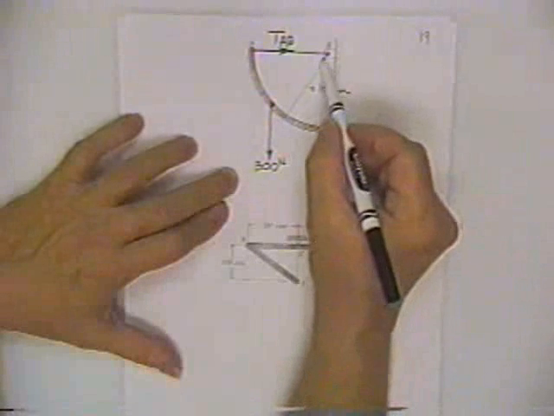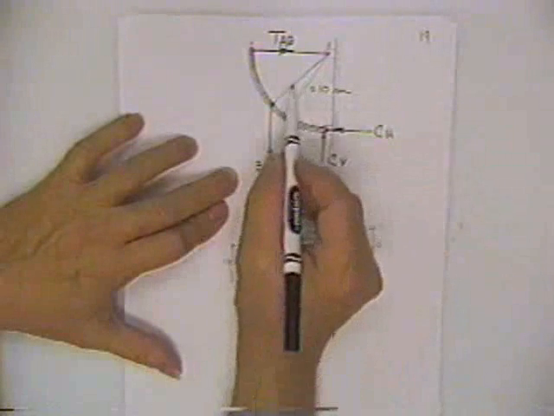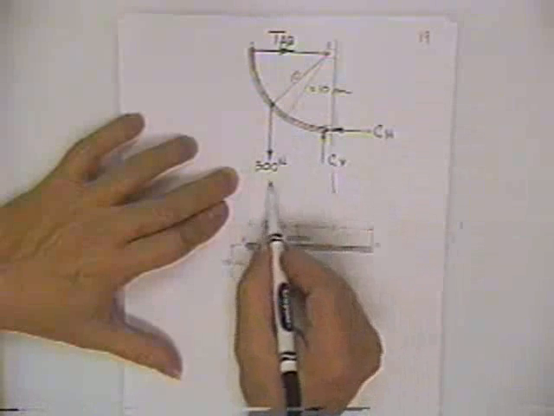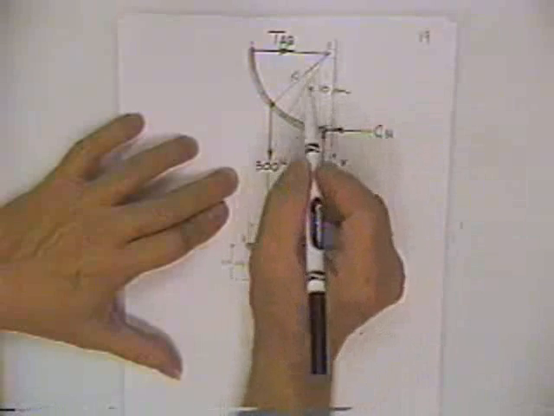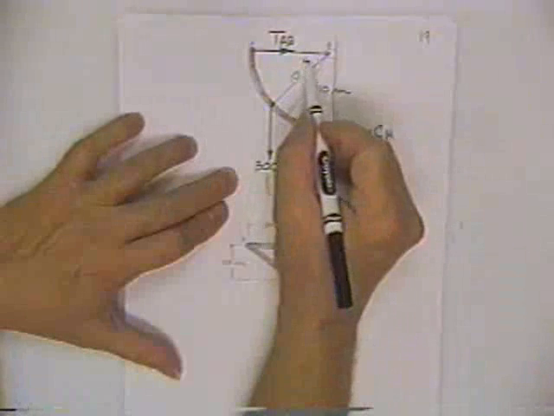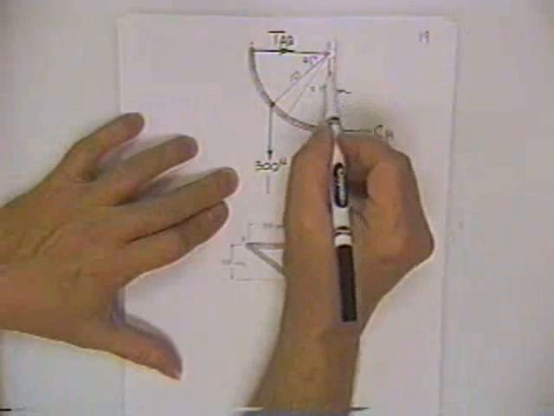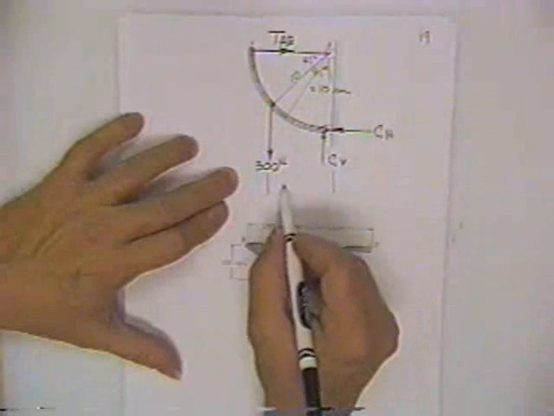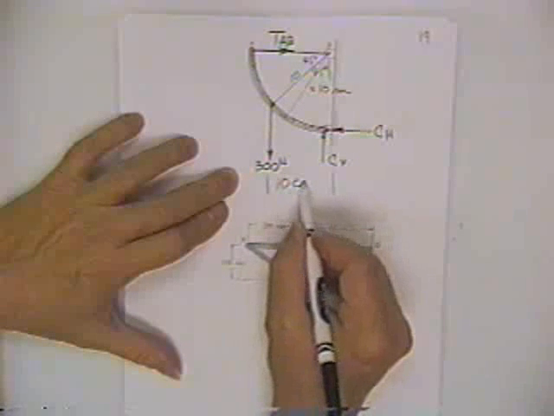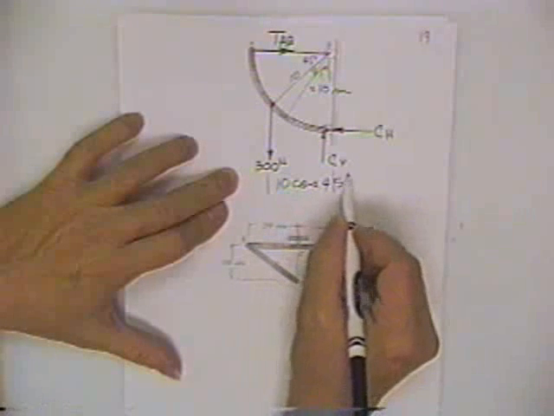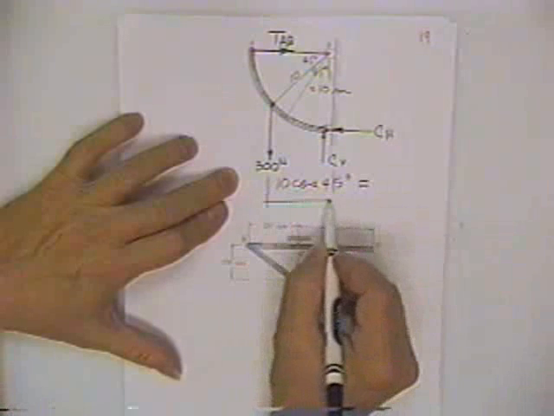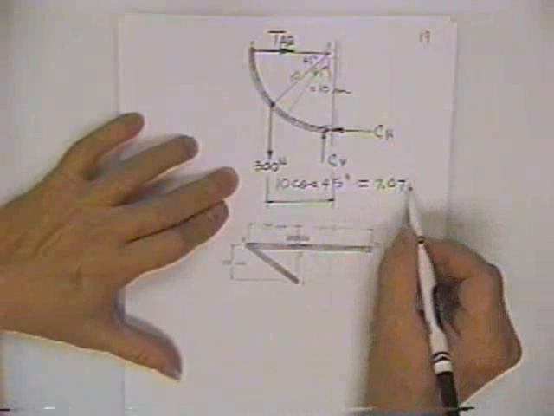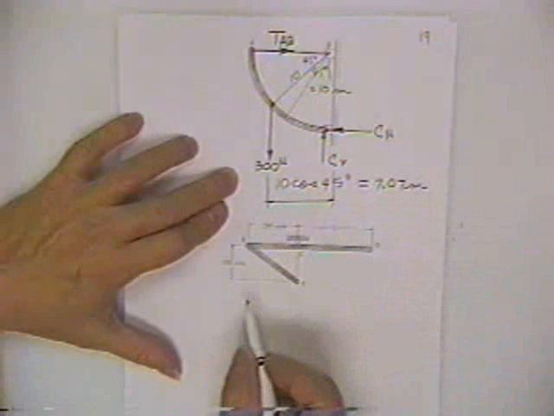Alright, then that means that this distance is 10, and the horizontal distance is, since this is symmetric, that would be 45 degrees up here and 45 degrees in here, and therefore this would be 10 cosine of 45 degrees. How far is that? 7.1. 7.07 meters. Okay.